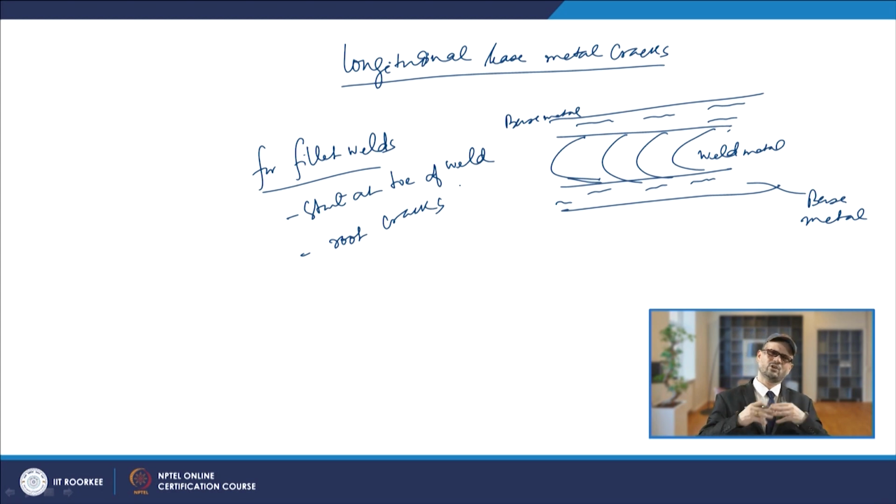Now, if you talk about these longitudinal base metal cracks in butt welds, cracks in the base metal are likely to show up in the heat affected zone, at the very edge of the fusion zone boundary, between the weld metal and the HAZ. There its presence can be seen. This can be attributed to the hardenability property of the steel.